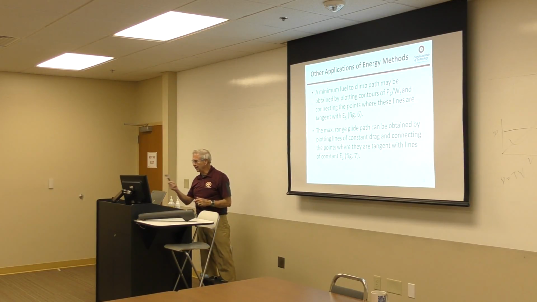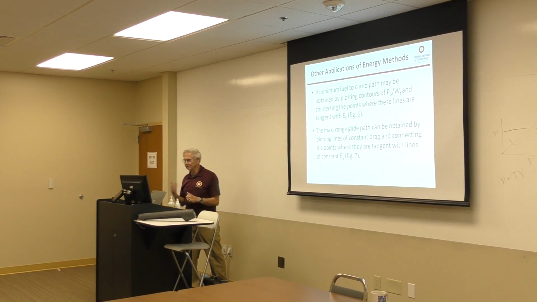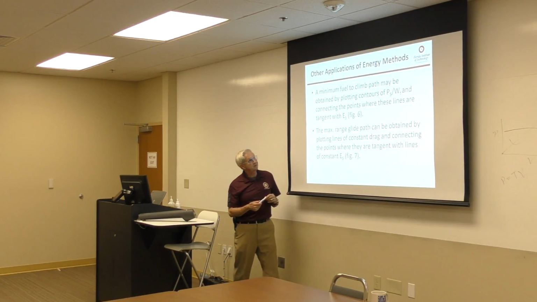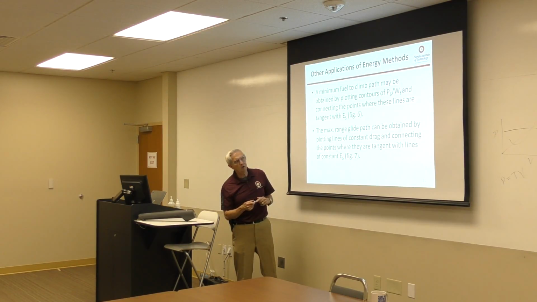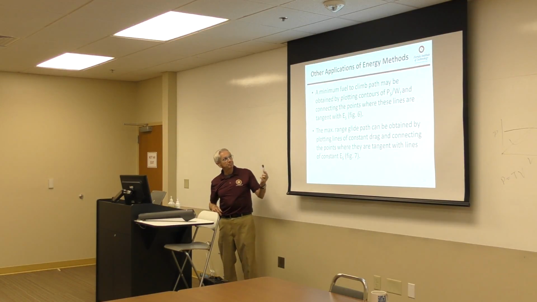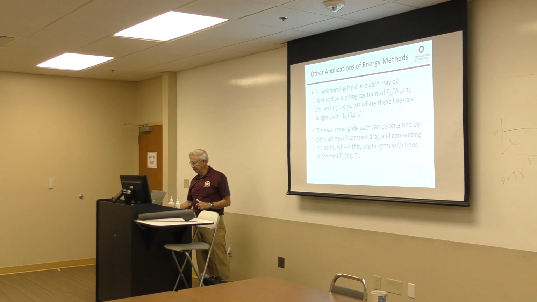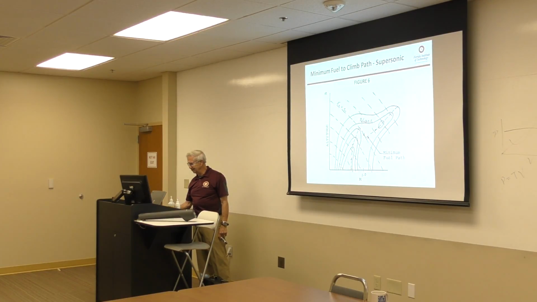You can do the same thing with a whole bunch of things. A minimum fuel climb, maybe you wanted not to burn so much gas getting up there. Well, then you would plot contours of P_s over fuel flow, and then put the constant energy lines tangent to those. Max range, well, you plot drag. Here's a minimum fuel path.